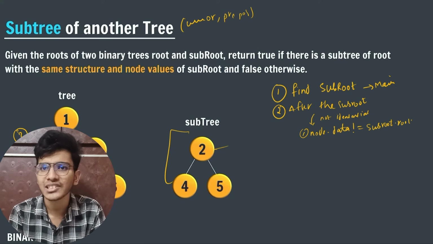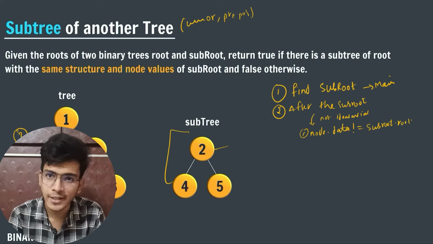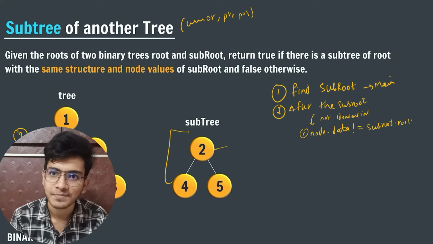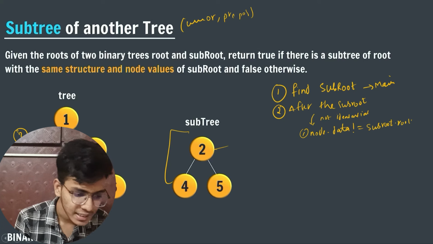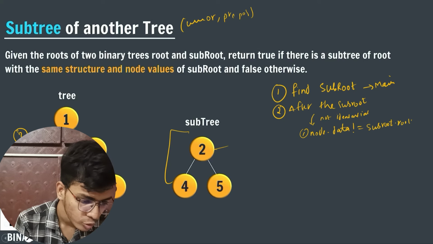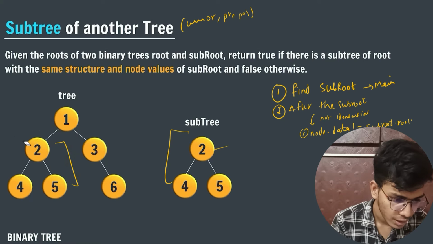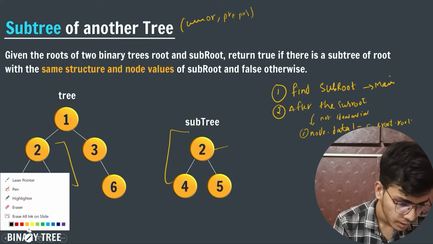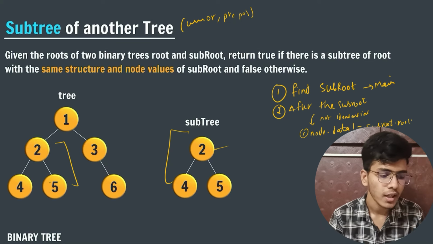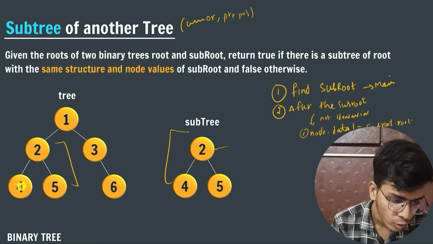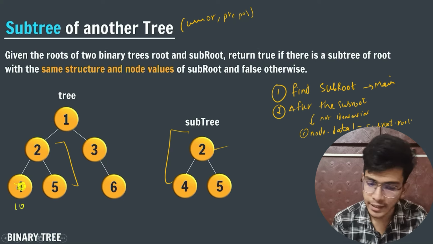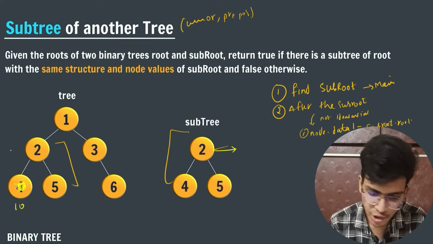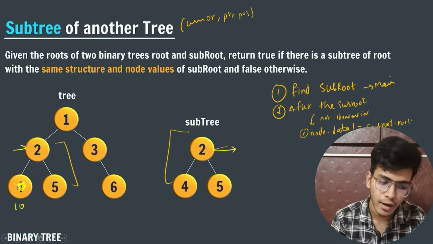If both values are not same, then I will return false. For example, I can give you a teeny example also. Let me remove this. Okay, and again choose the pen. Now here instead of 4, I am having, let's say, 10. So the subroot is matched. Here the subroot and this node are matched.